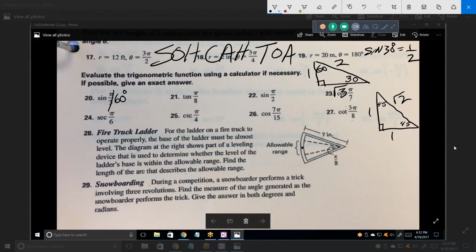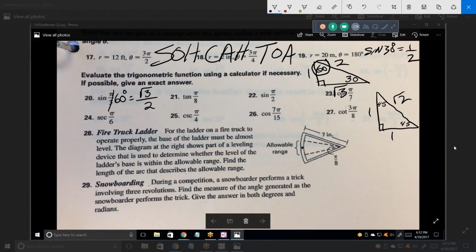Now, go back and look at our triangle. What's the sine of 60 degrees? Look at the 60-degree angle. What's opposite the 60-degree angle? The square root of 3. And what's the hypotenuse? 2. There's your answer. That's what the sine of 60 degrees is.